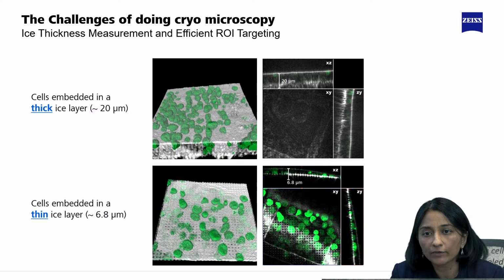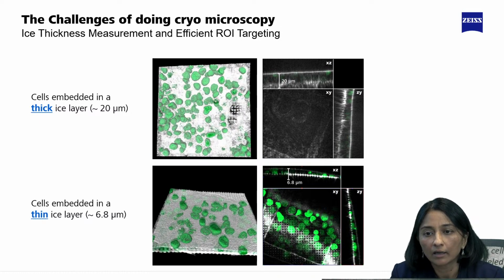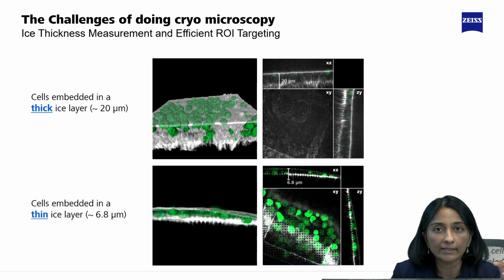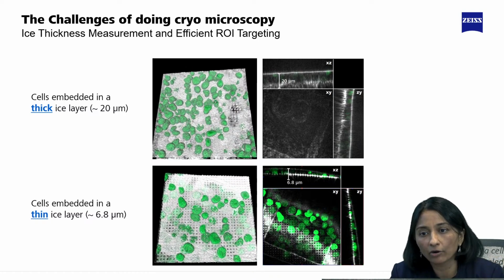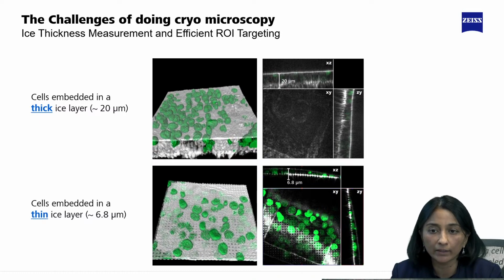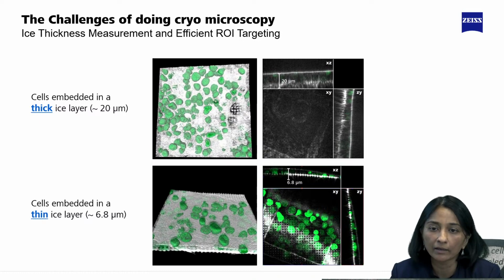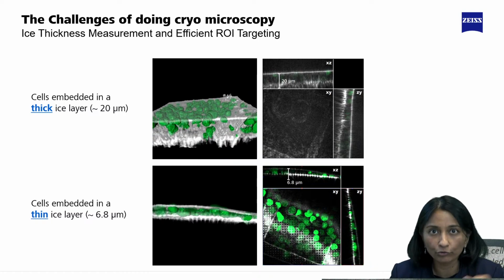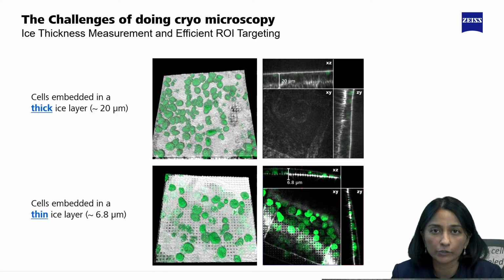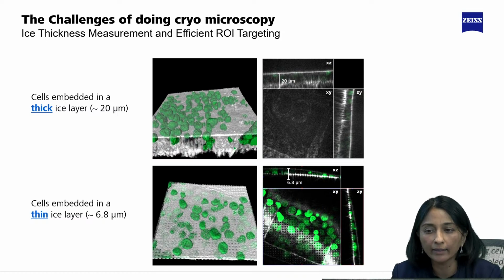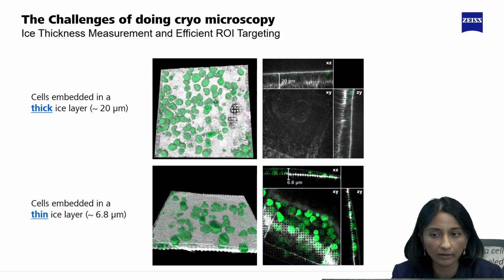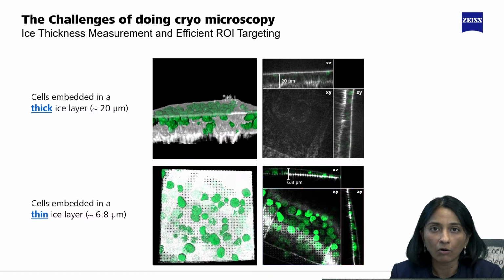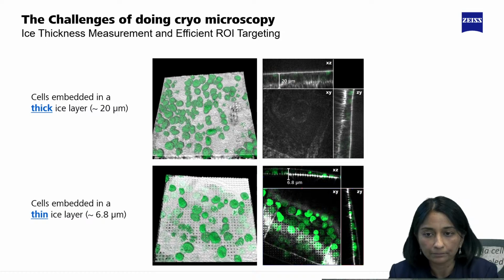In this video that's playing on the screen, the top panel shows a really thick ice layer, which is around 20 microns thick, and cells are embedded within this ice layer. But imagine trying to dig through this ice on the crossbeam, which might be quite challenging. So ideally, we really want a very thin layer of ice, and this is easily accessible on the light microscope.